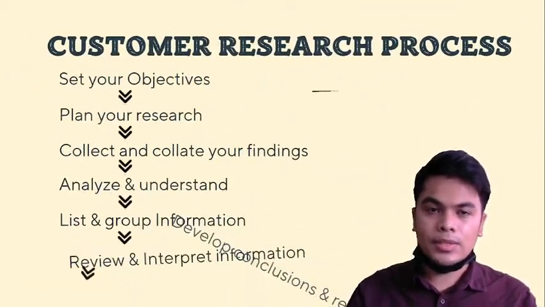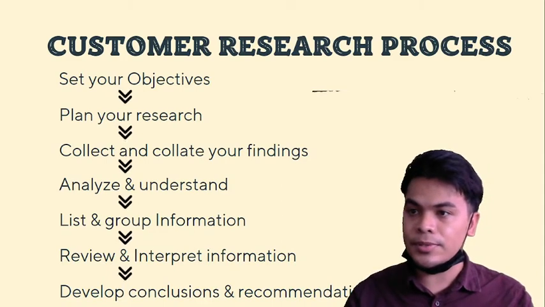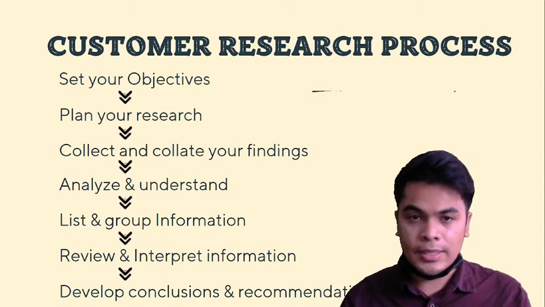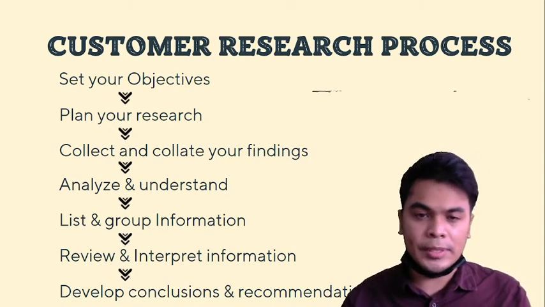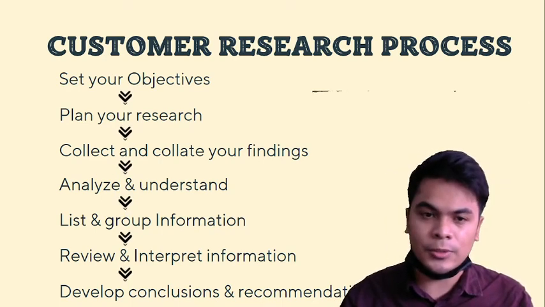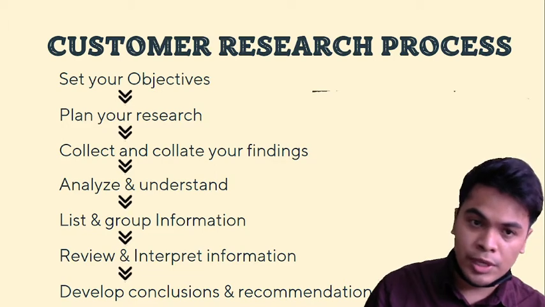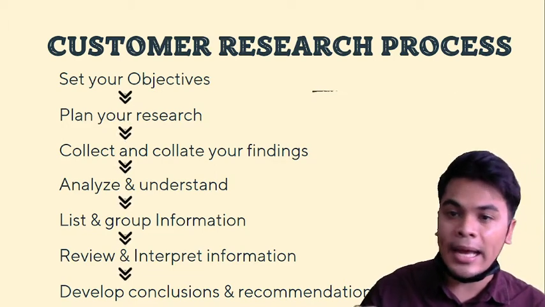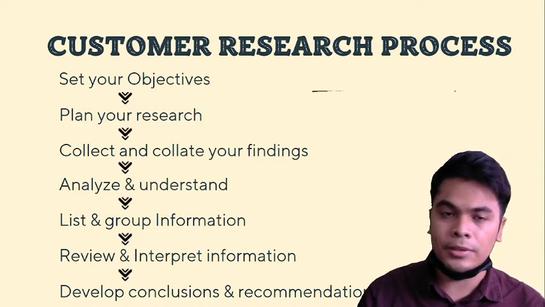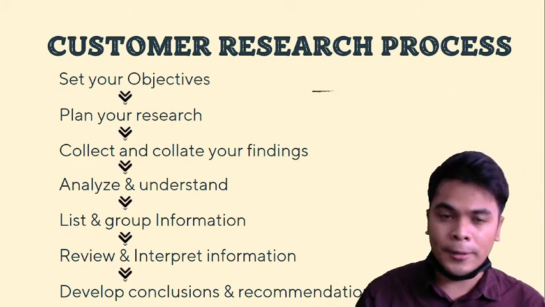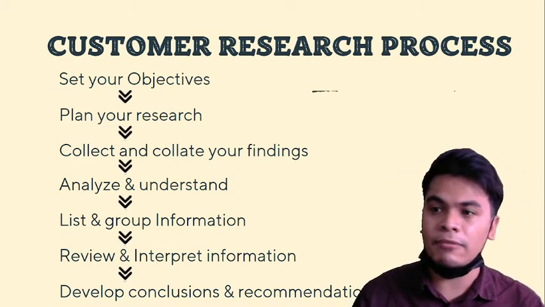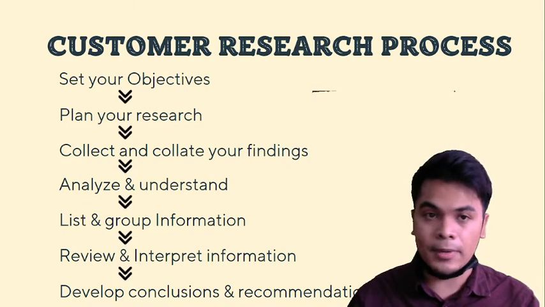Okay? So here are the common steps in the research process. For a small business, the research process might not be as systematic as what we see on the screen. Again, you can use your observation and make adjustments right away to your product and services. But for large businesses, they follow this step-by-step process.